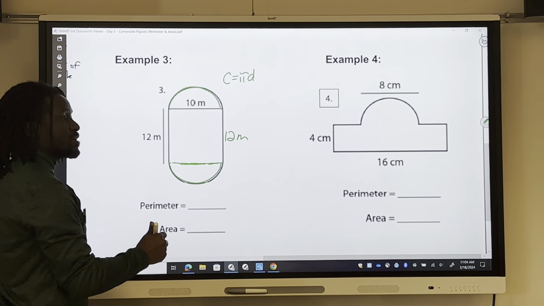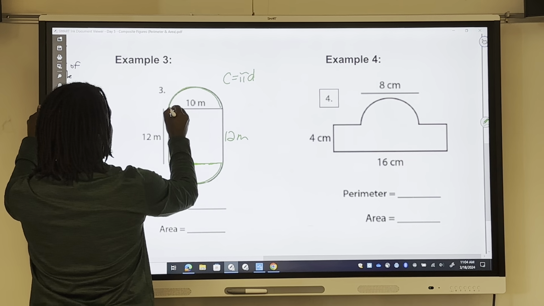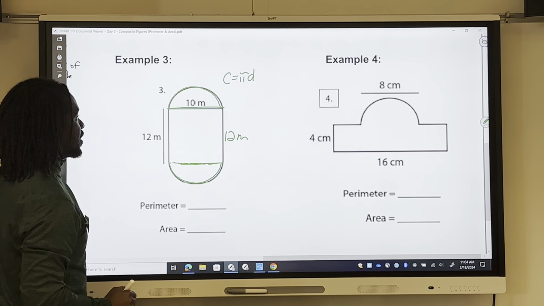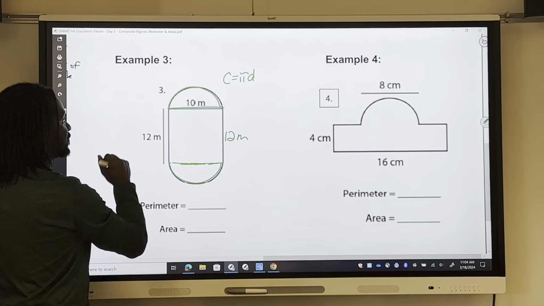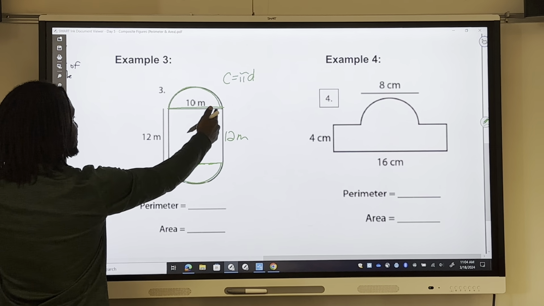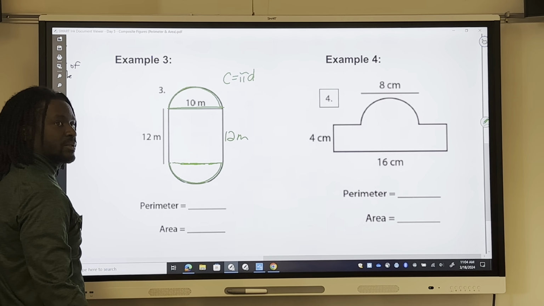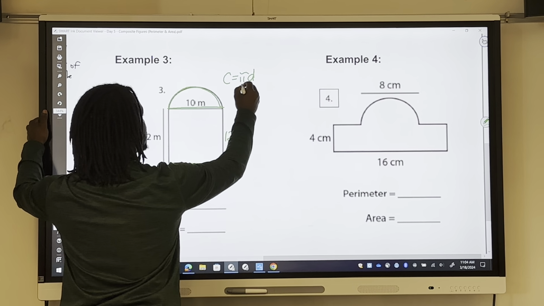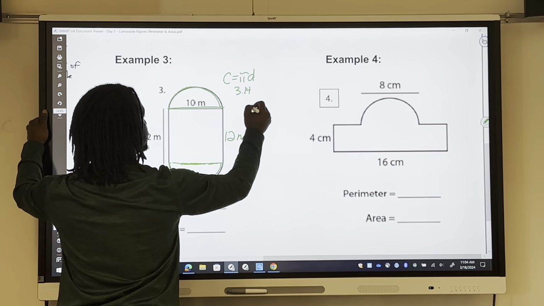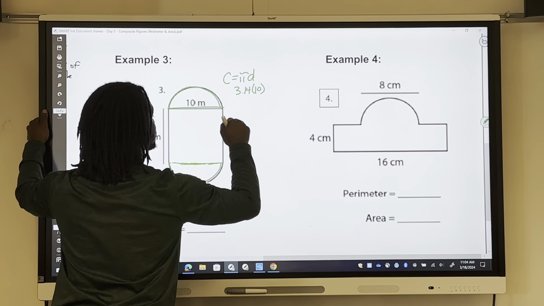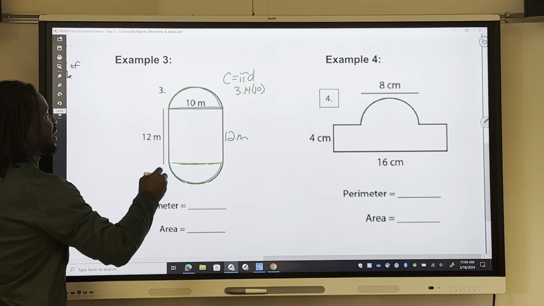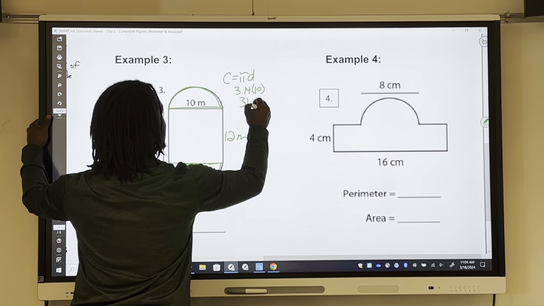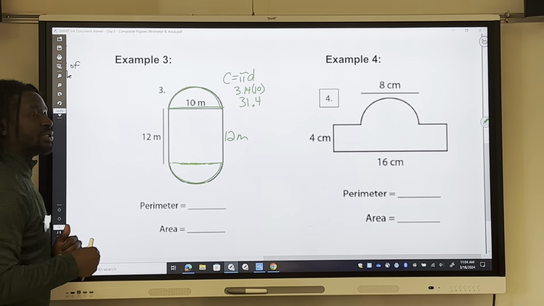The diameter is from one side of the circle to the other side. The radius is half of that. Because I'm given my diameter, I'm going to use pi times d. So pi is 3.14 times d, which is 10. That's going to give me 31.4.